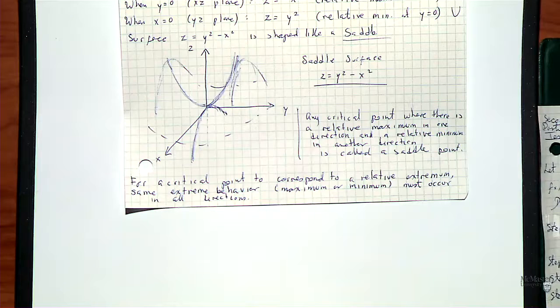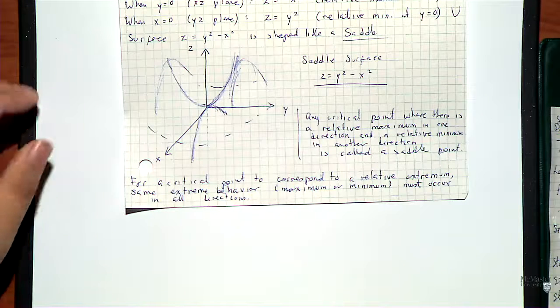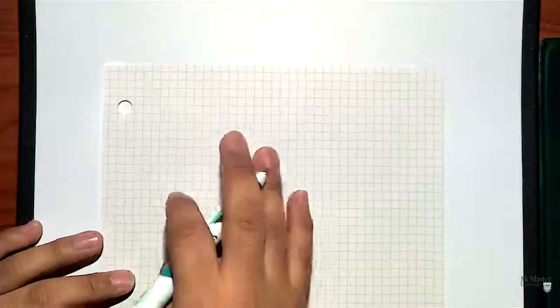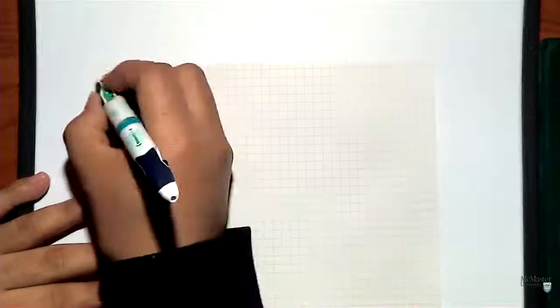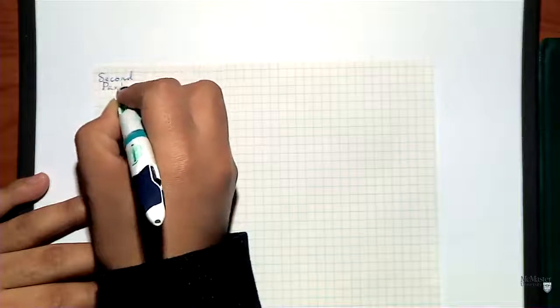And then we will do one criterion, which is analogous to the second derivative test in 1D. But now we have to apply partial derivatives because we are dealing with functions of two variables. So we'll study the second partials test.